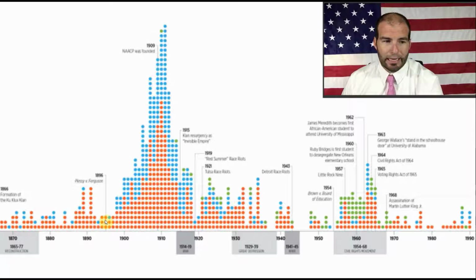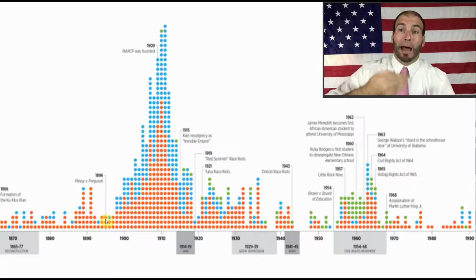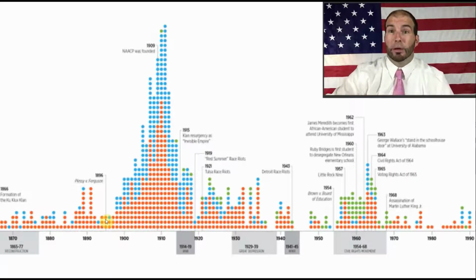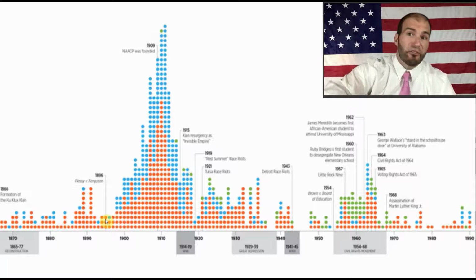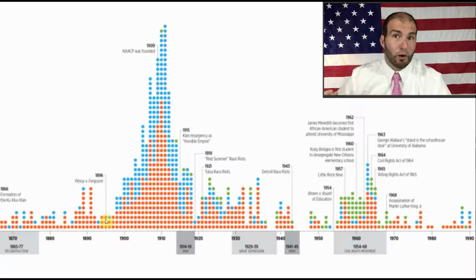You get to 1896. There's a court case called Plessy versus Ferguson, which says it's completely legal to segregate the United States. There ends up being backlash by the African American community. This is one of the first times black people were like, what? Not cool. When black people get upset about Plessy versus Ferguson, there is a vicious backlash by white America. All right.